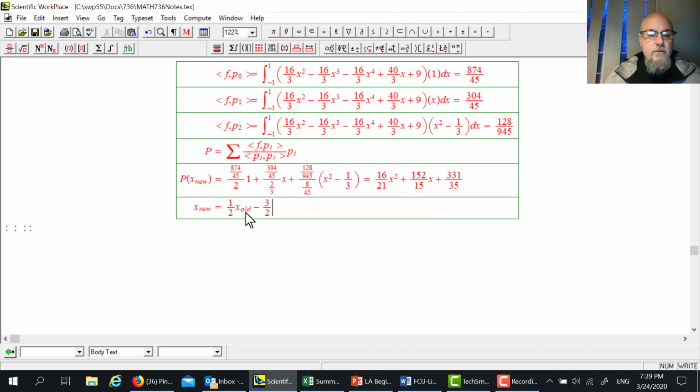So new x is equal to 1/2 old x. These are all new x's. So I'm replacing that new x and that new x.